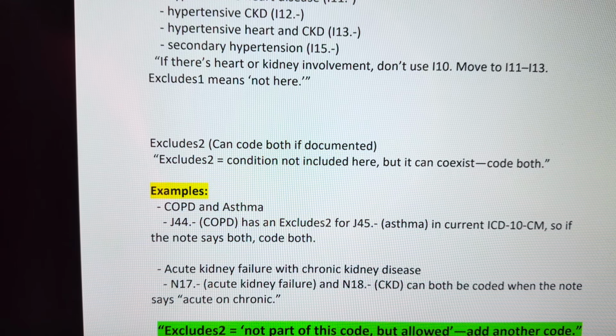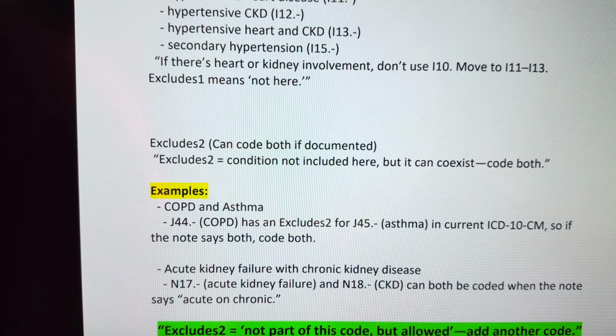When you read the Excludes1 note, it's saying if this patient has hypertensive heart disease, it's going to be coded with I11, there's a fourth digit. Hypertensive chronic kidney disease, I12. Hypertensive heart and chronic kidney disease, I13. Secondary hypertension, I15, okay?